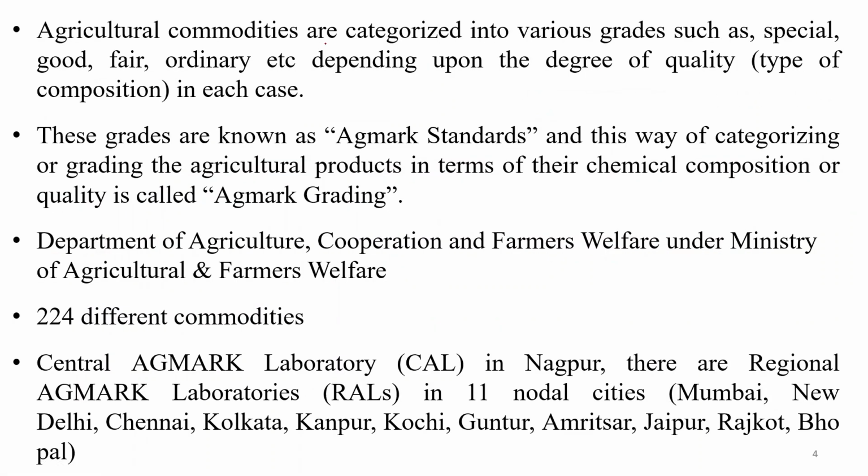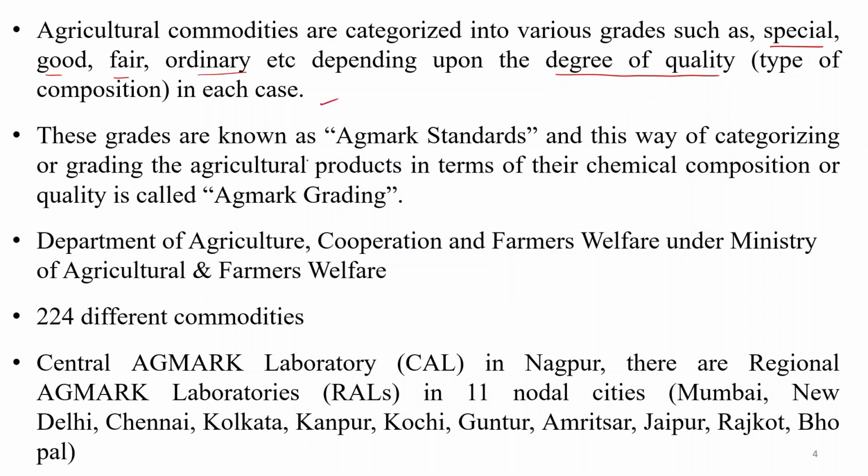Now, agricultural commodities are categorized into various grades such as special, good, fair, ordinary, extra, depending on the degree of quality. So these are the quality standards, and depending on the degree of quality, the commodities are classified as special, good, fair, ordinary in each case.